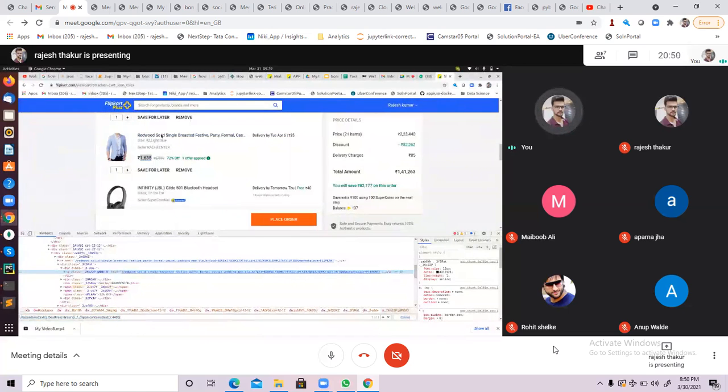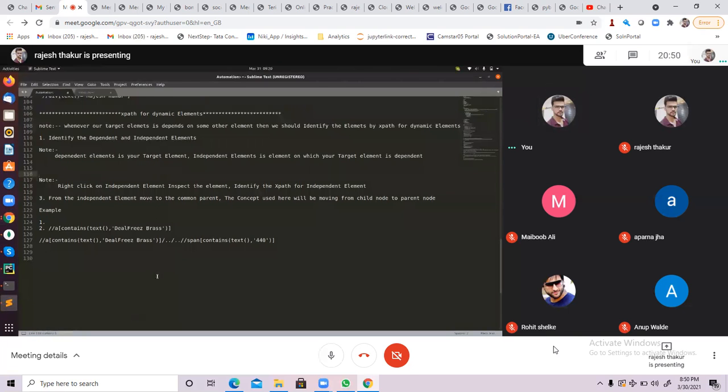We have identified this. Okay. So just write an XPath for this. Can anyone please help me write an XPath for this? You can go with the A tag, an HTML tag.